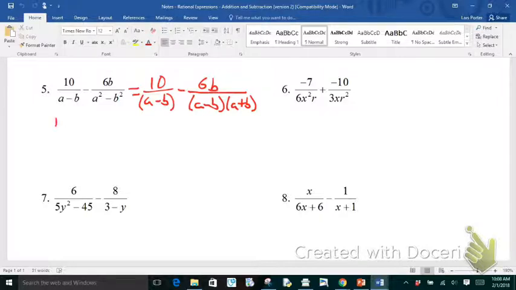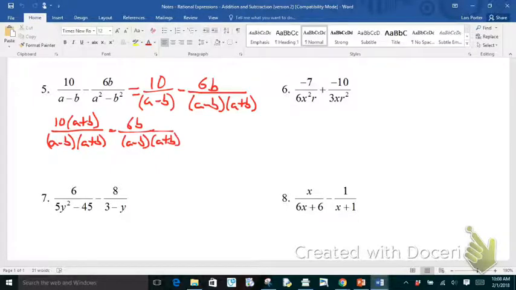So we will end up with 10 times a plus b over the a minus b we already had times the a plus b that we multiplied in there, minus 6b over a minus b times a plus b.